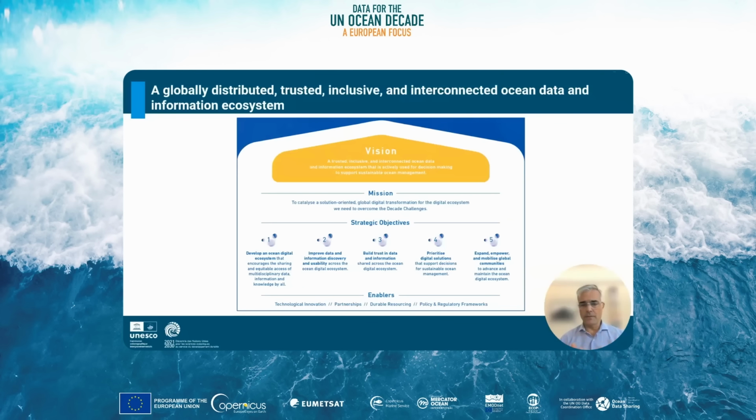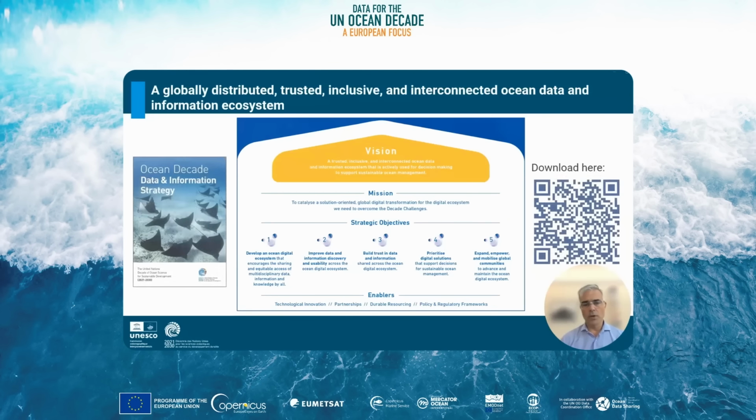And so that fifth objective is really about expanding and empowering that human community of individuals that are data literate and can help maintain and make this system prosper. So those are the 5 strategic objectives, and there is a QR code from where you can download an executive summary of the data strategy, and it is published in 5 different languages.